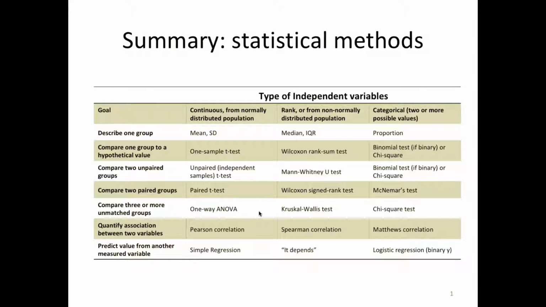So you have two categorical variables: gender, male or female, which only has two values, and whether or not a person is left-handed. Left-handed, yes, left-handed, no, right? So that would be simply two categorical variables.